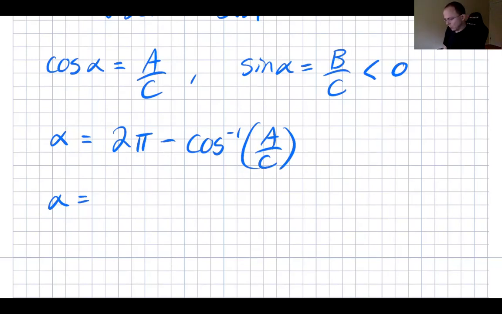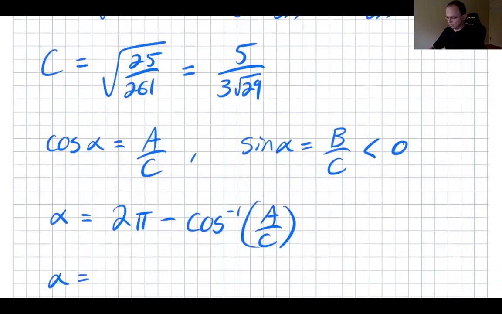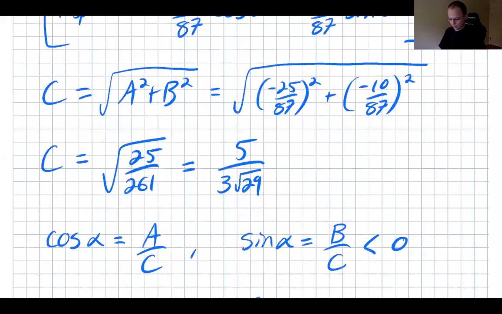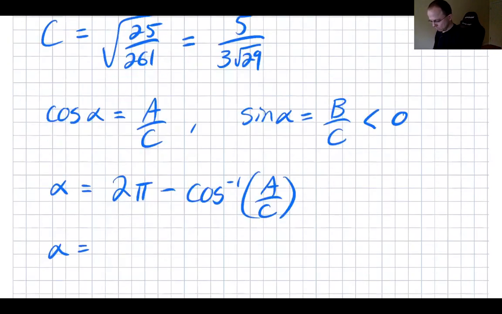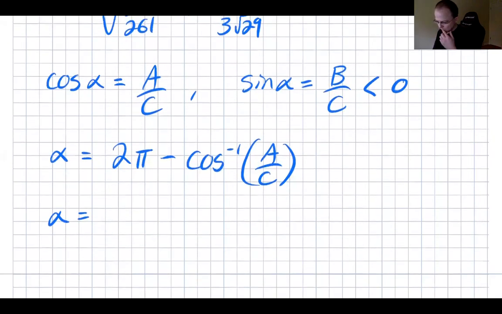Okay, so let's see, what is this going to be? So C is that, and A is negative 25 over 87. So A divided by C is negative 3. Wait a minute.